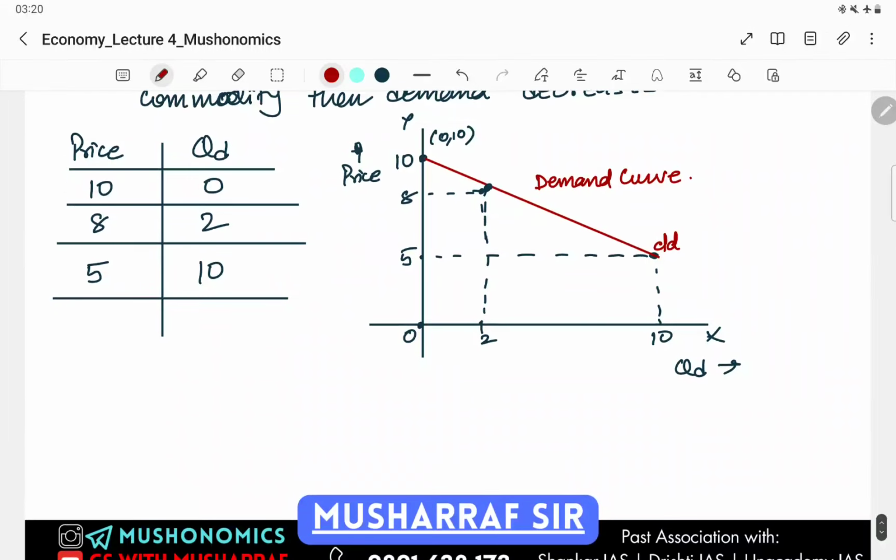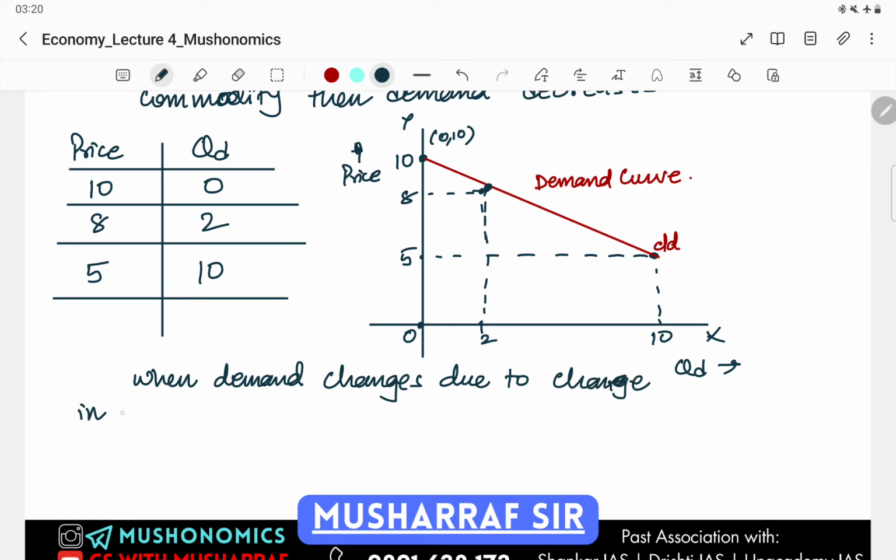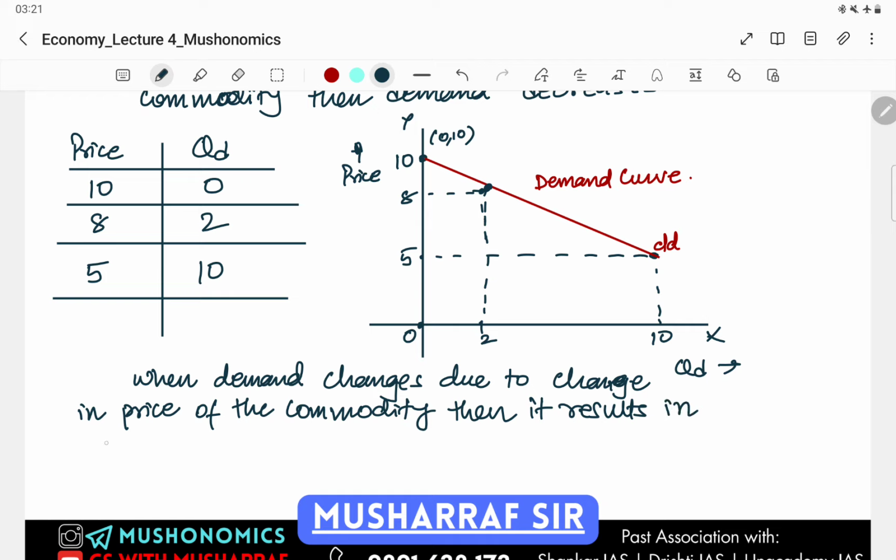Now, this statement we have to understand: when demand changes due to a change in price of the commodity, then it results in movement along the curve.